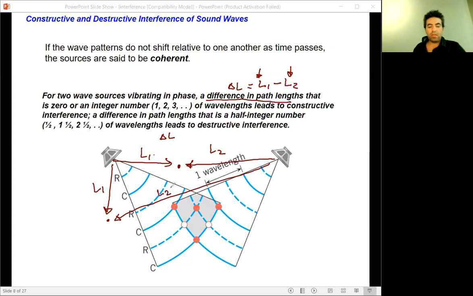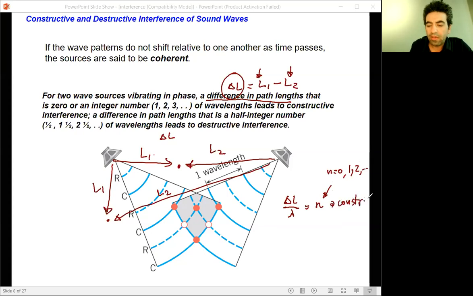See that? So the distance from the source to the point at which I want to calculate the interference, minus the distance from the other source to that point, that's called the difference in path length. And if that difference in path length compared to the wavelength is an integer multiple, so n is equal to 0, 1, 2, ..., then that's called constructive interference.